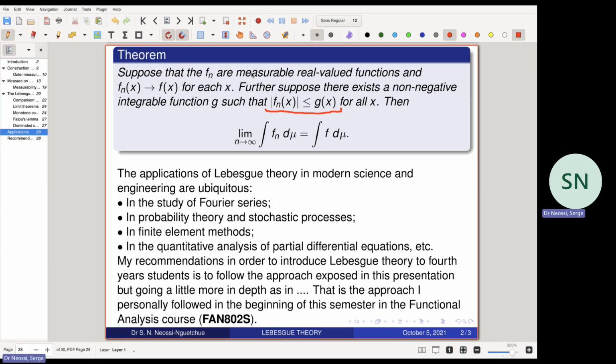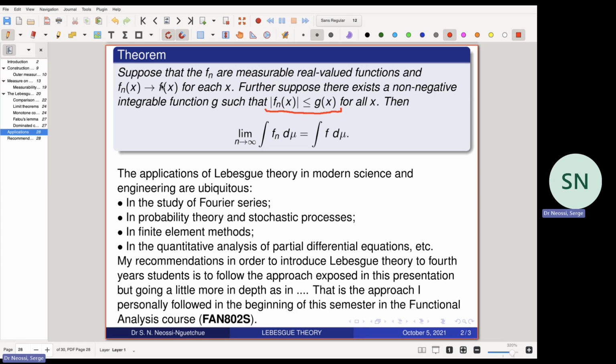No. In our case here, we don't really require the functions to be non-negative. They are just real-valued functions. Sorry for that. But in both theorems, the sequence is made of measurable functions that converge pointwise towards a certain limit f.